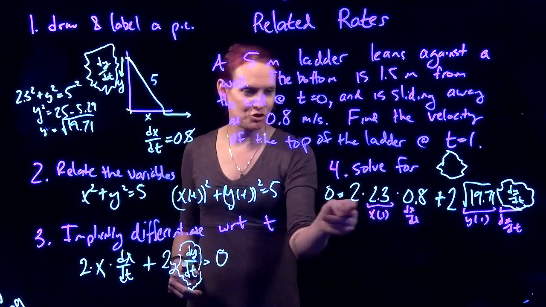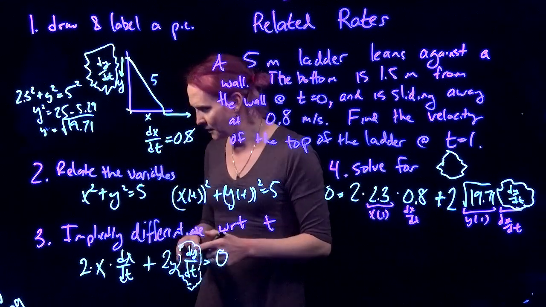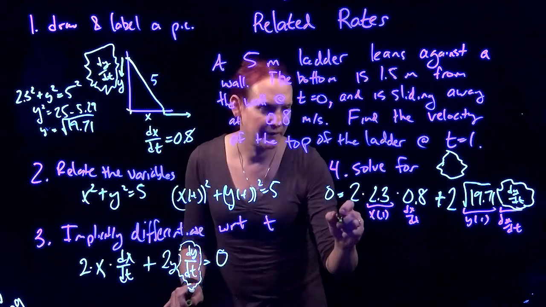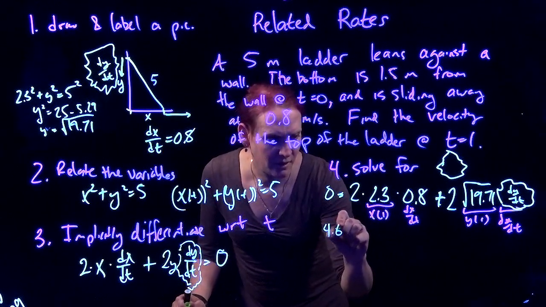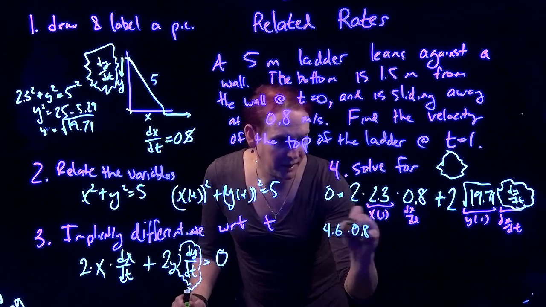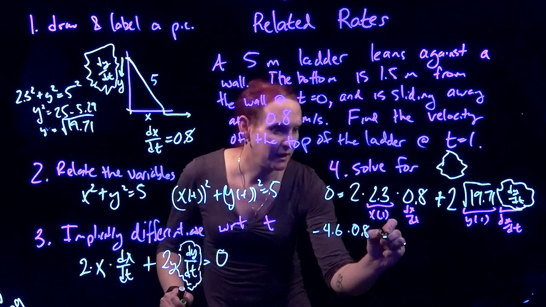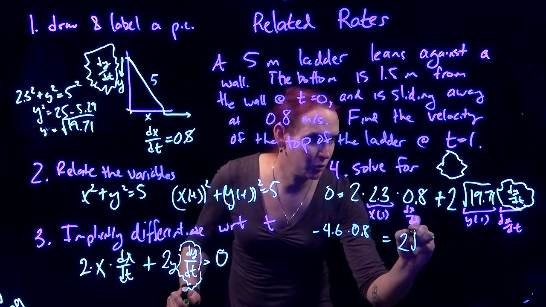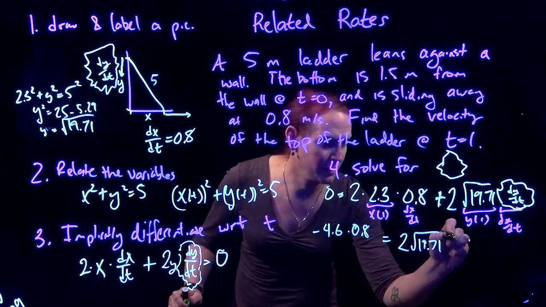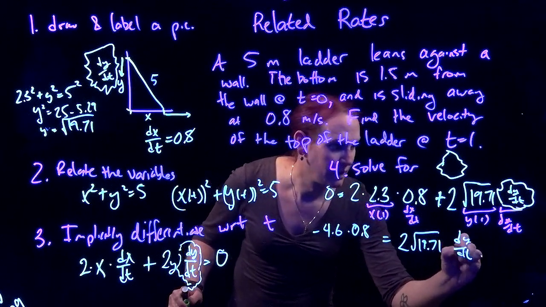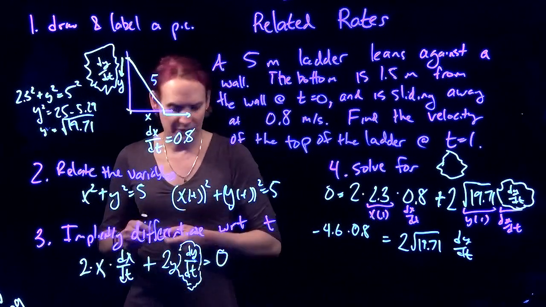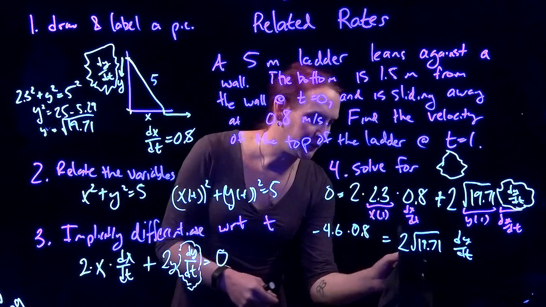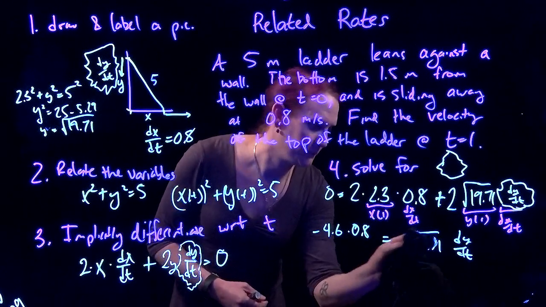So I'm going to take this expression and move it onto the other side. I will have 4.6 times 0.8, with a minus sign, equals 2 root 19.71 times dy dt. And finally, I'll divide by 2 root 19.71 on both sides.